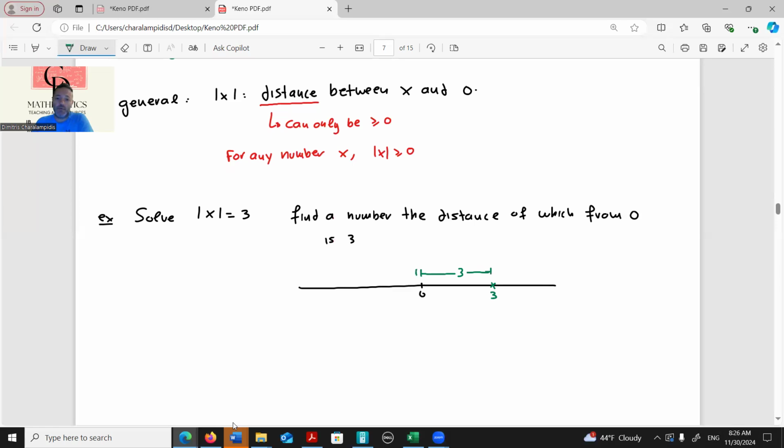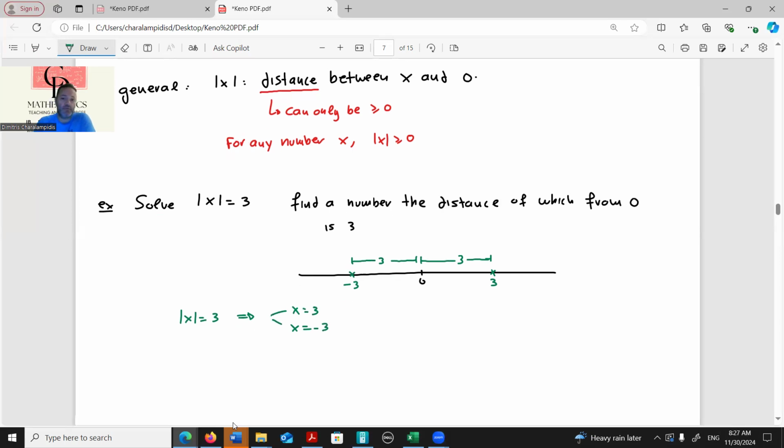And let's do the same process, but this time to the left. I would meet number -3. So this means that given the absolute value of x equals 3, I would have to take 2 different cases. Either x equals 3 or x is -3. And that's the solution to that.